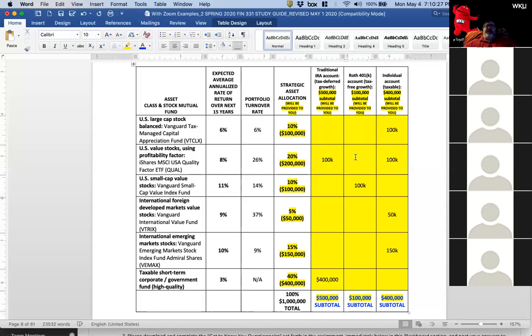Any questions on that? So your foreign is going in your taxable, and your most valuable, your small cap value, obviously, is going in your Roth.